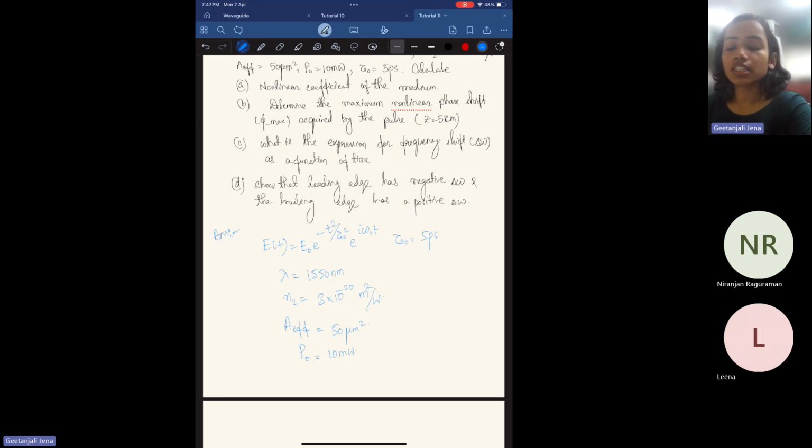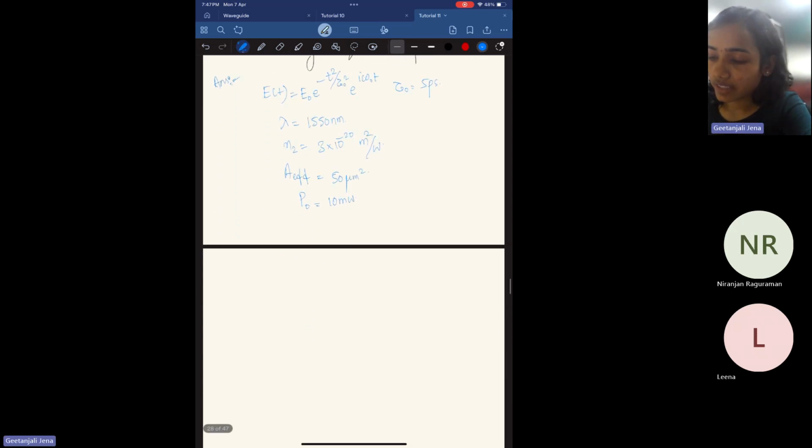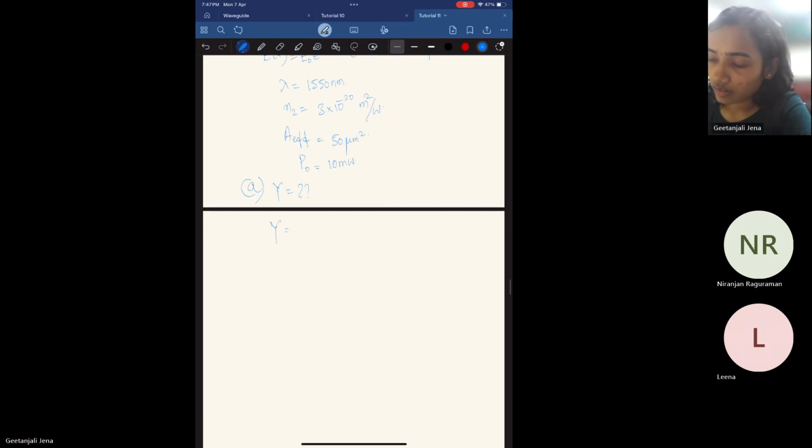So in the first part, we need to calculate the nonlinear coefficient of the medium, which is gamma, right? So we need to find out what is gamma. If you recall the expression, gamma is nothing but n2 omega 0 by c A effective, which is n2 2 pi c over lambda A effective.